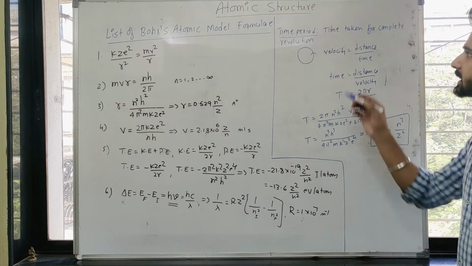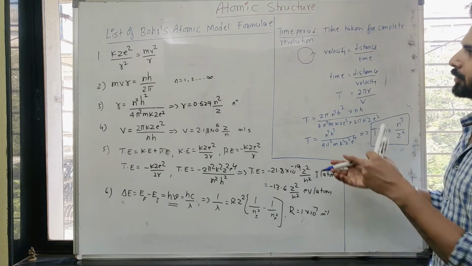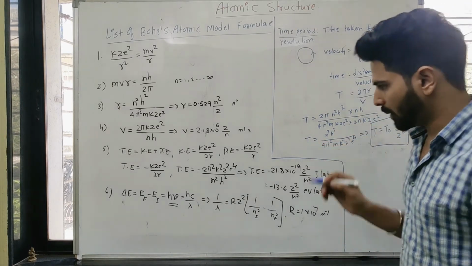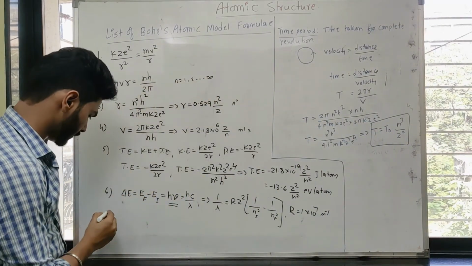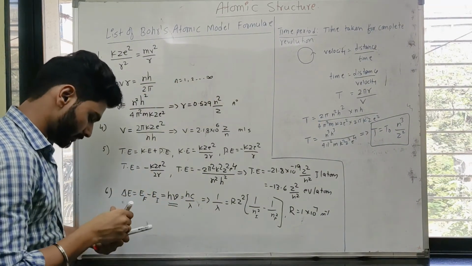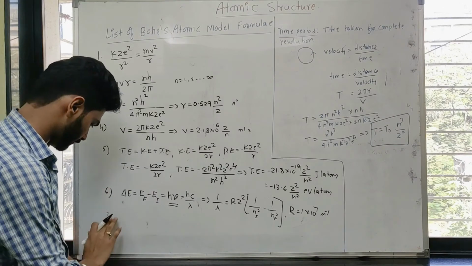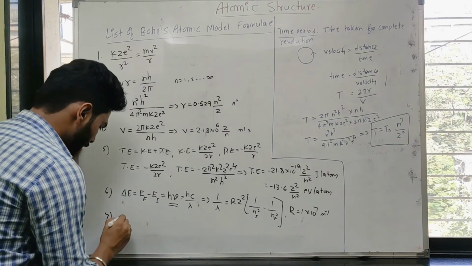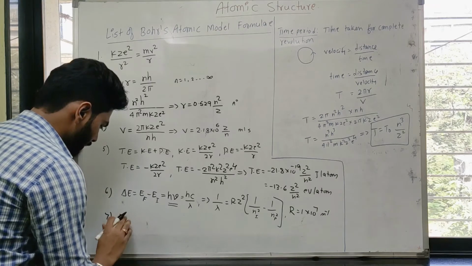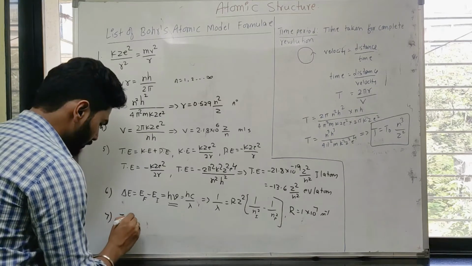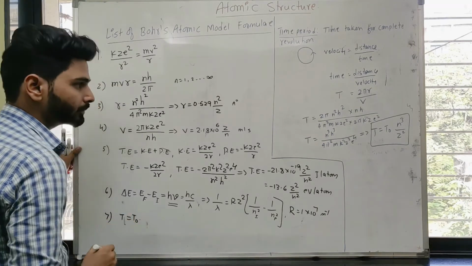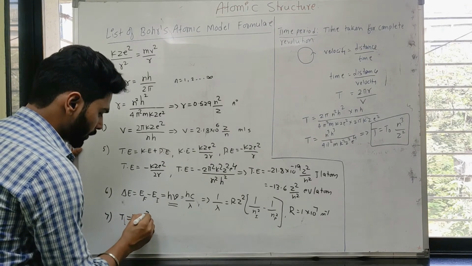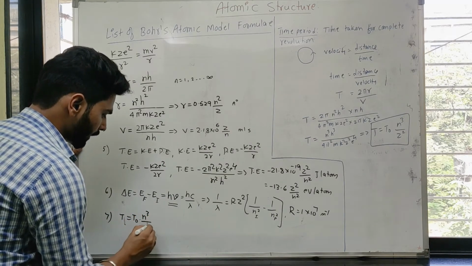And this is the time taken for one complete revolution. Let me list this formula here, number 7, that is time period: t equal to t naught into n cube divided by z square.